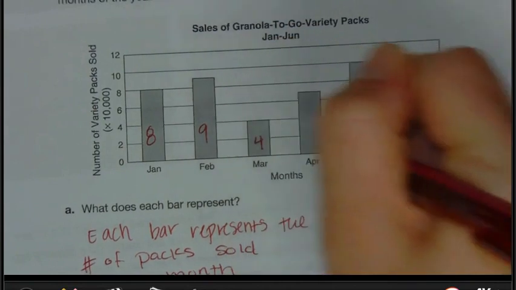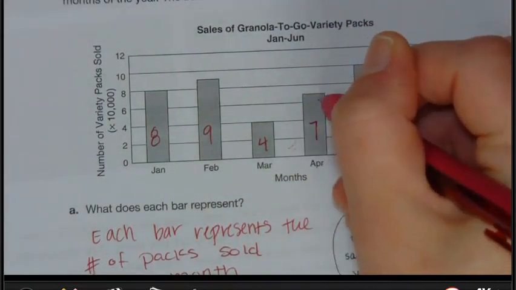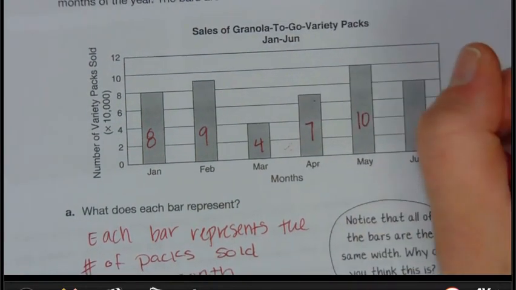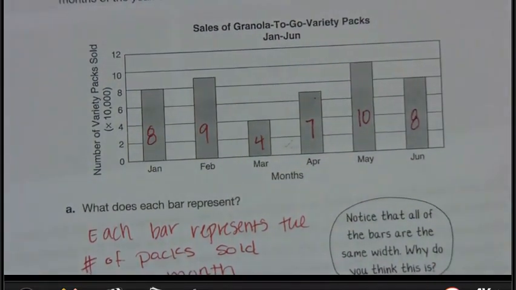March, I'm at 4. April, I'm at 7, because notice I'm between 6 and 8, and in between 6 and 8 is 7. May, I'm at 10. And then June, I'm at 8. So what I need to do is take all of these numbers, multiply them by 10,000, and add them up together.